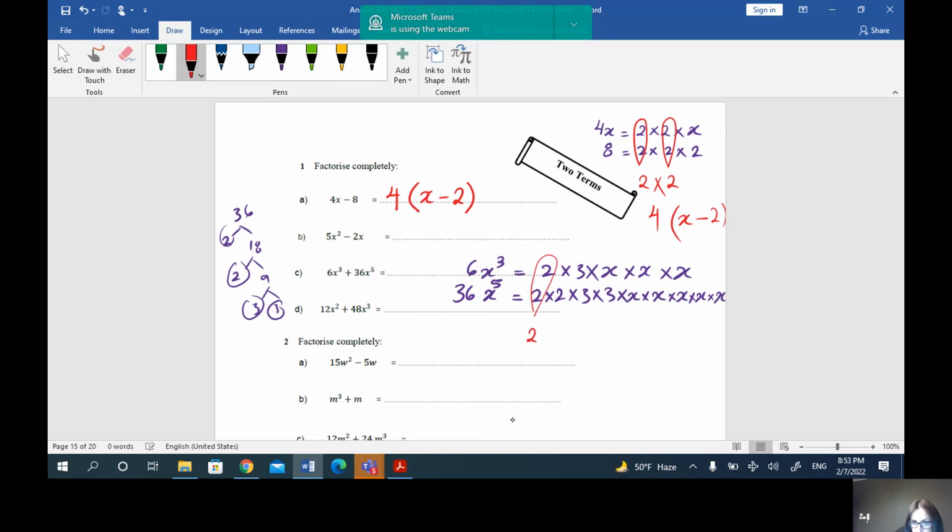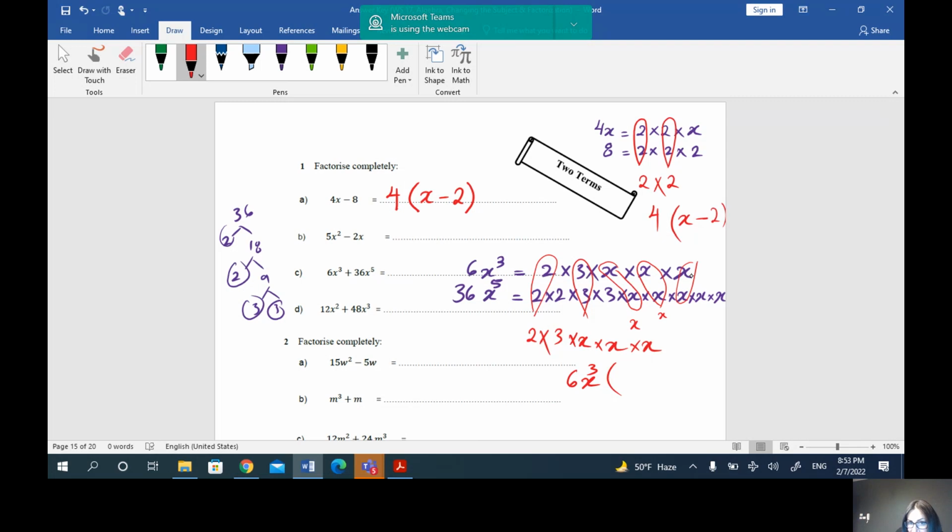This will come down as 1, 2. And this here times 3 will come down as 1, 3. And then x will come down as 1x, so times x. And this will come down as 1x, so times x. And this here will come down as 1x, so times x. This will be 2 times 3, 6. X times x times x, so it's 6x cubic.